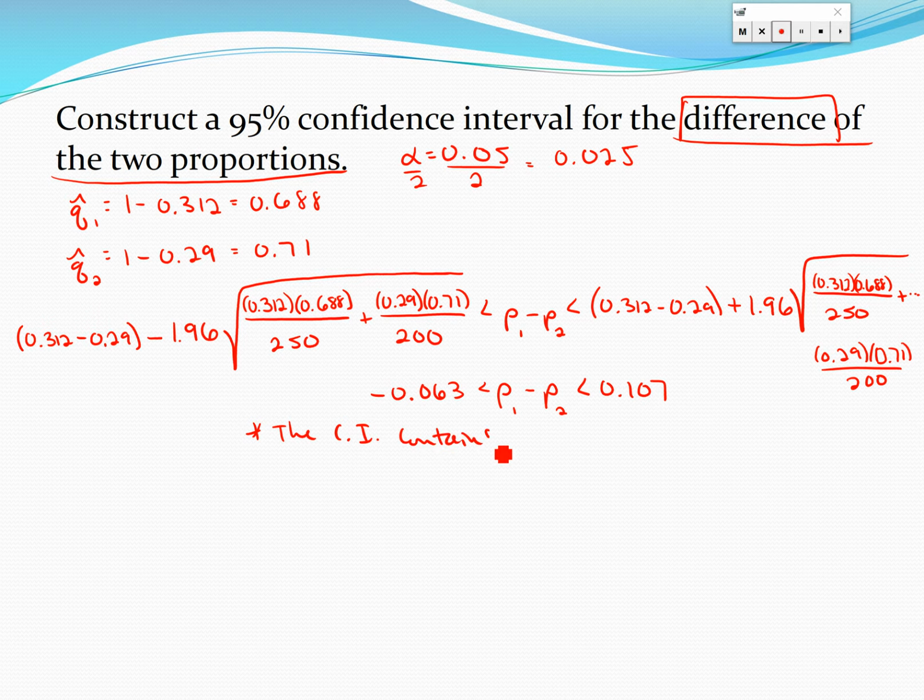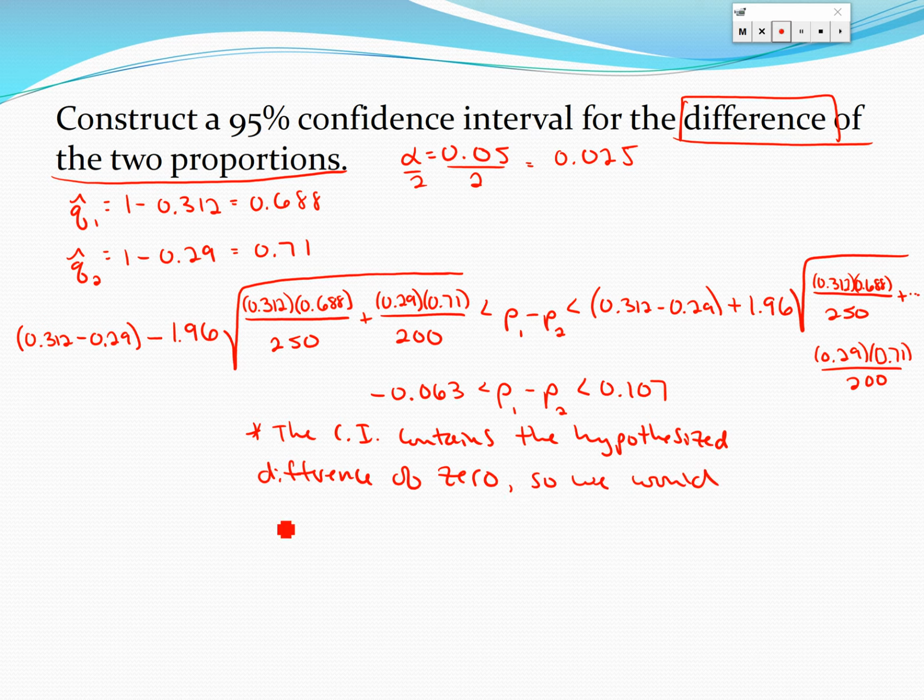contains the hypothesized difference of 0. So we would not reject the null hypothesis.